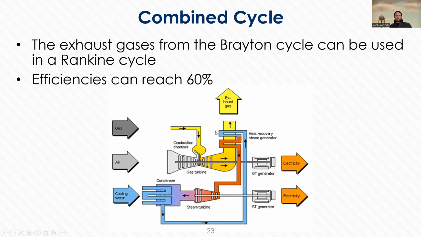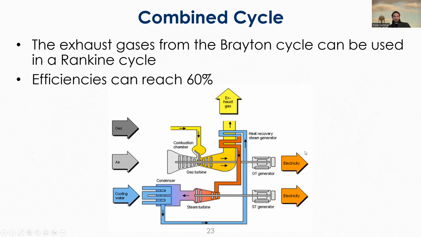And so combined cycle uses both the Brayton and the Rankine cycle in a single system, where your gas turbine boils water through its exhaust heat byproduct that then goes into a steam turbine to power a different generator.